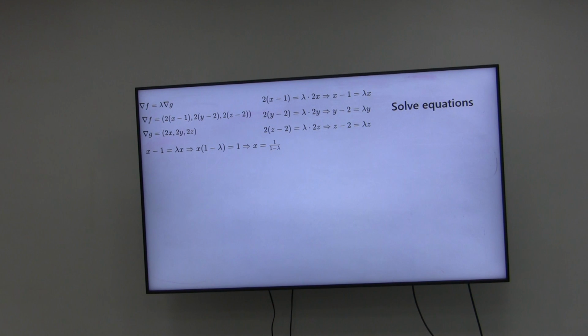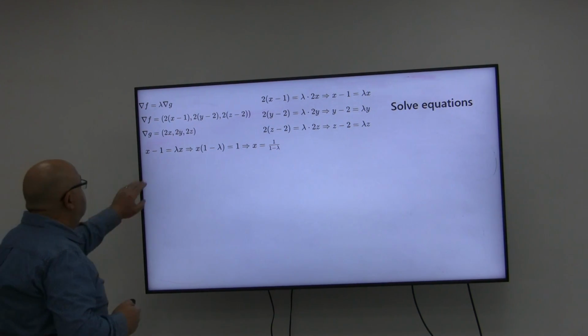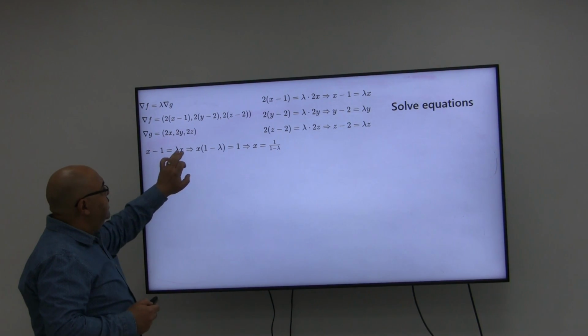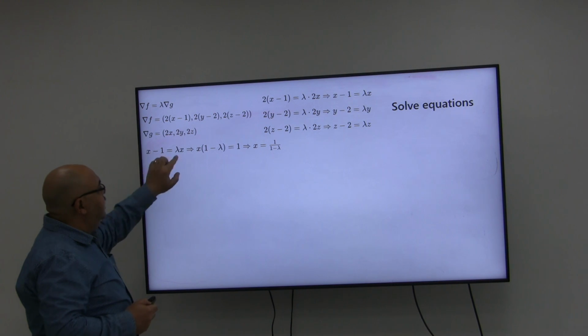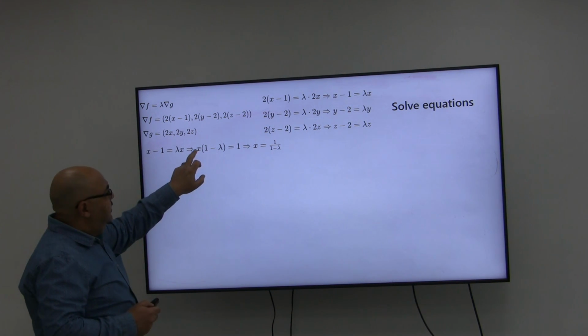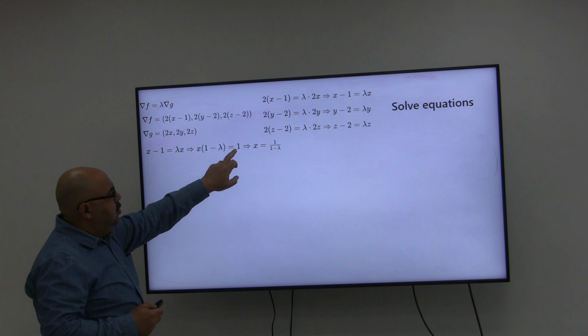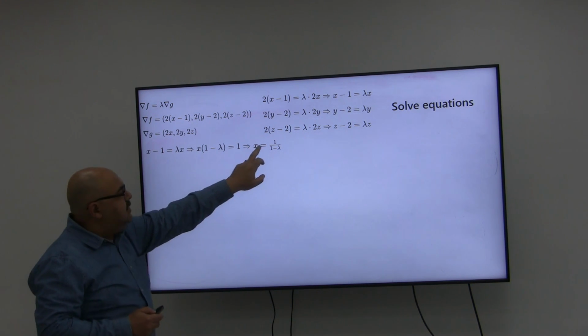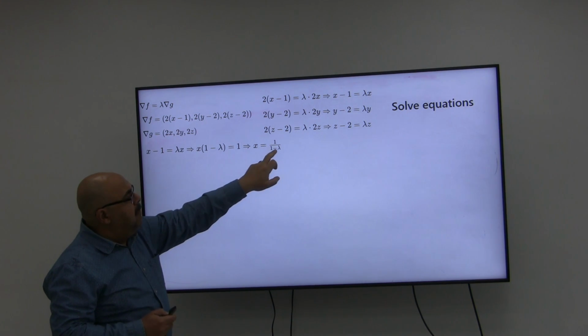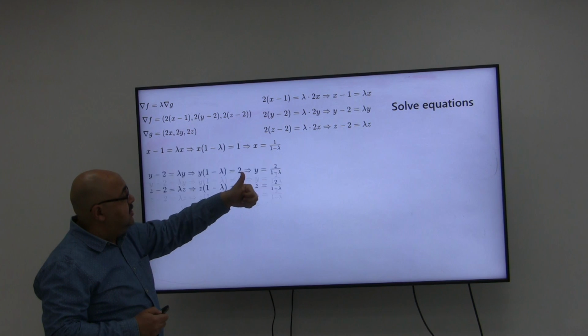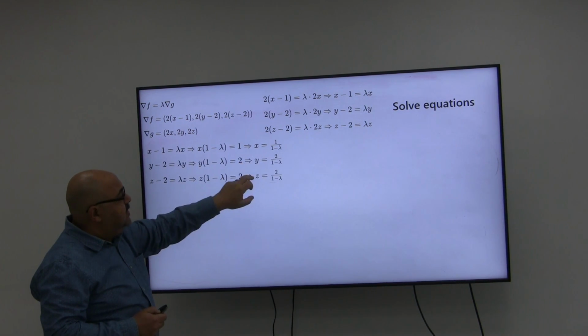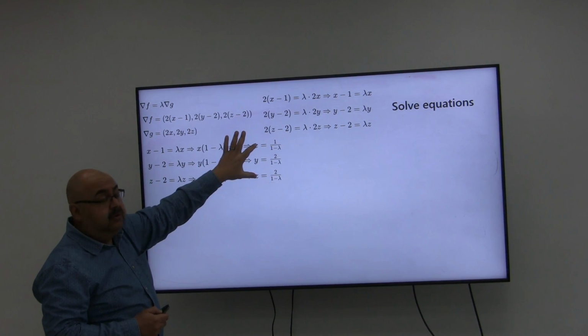This is the system that you need to solve. I will start with x minus 1 equals lambda x, get it to the other side, take x as a common factor, and you will have x times (1 minus lambda) equals 1, which leads to x equals 1 over (1 minus lambda). That's the first relation. The y and z are the same; those are the three values.